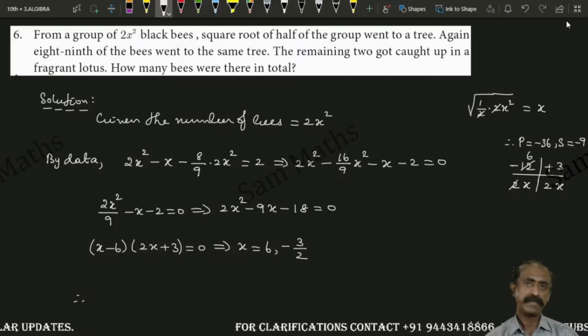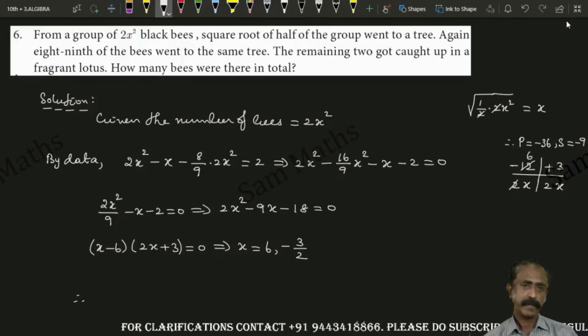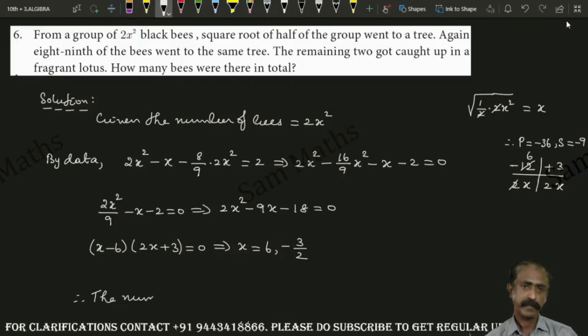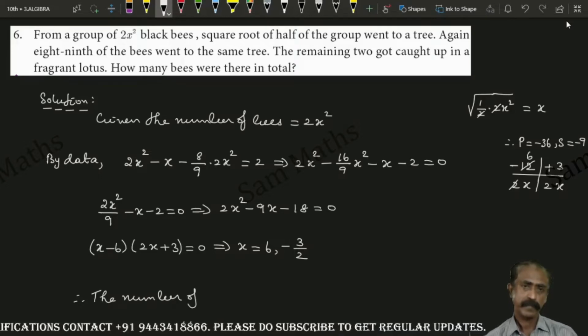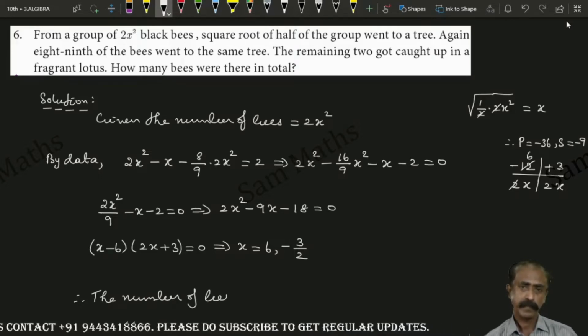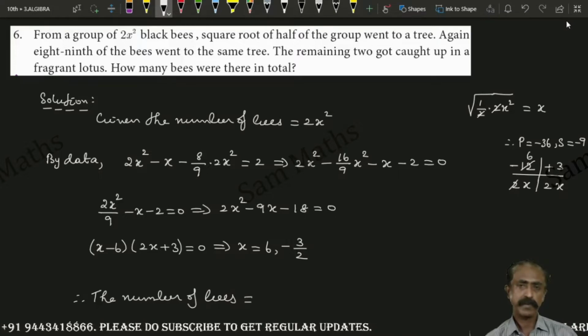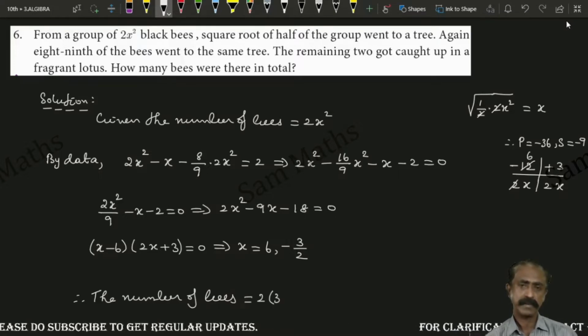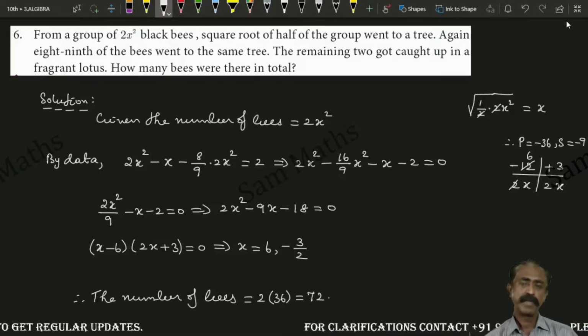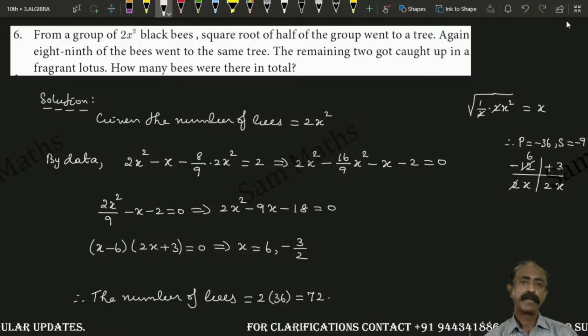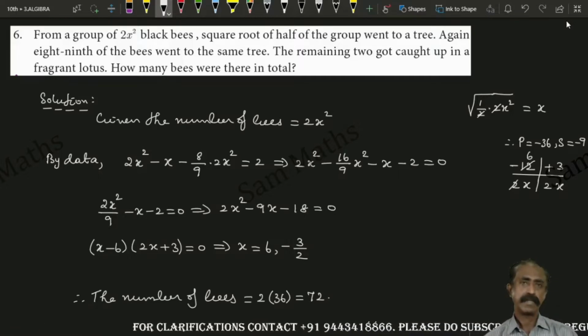How many bees were there in total? Therefore, the number of bees equal to 2 into x square, that is 6 square 36, equal to 72. So, at the beginning there are 72 bees in that tree.